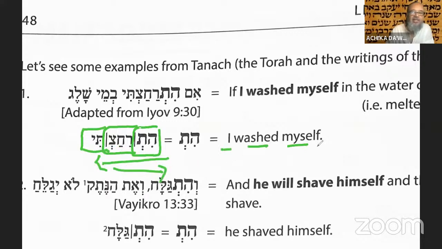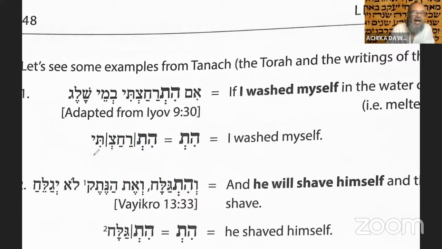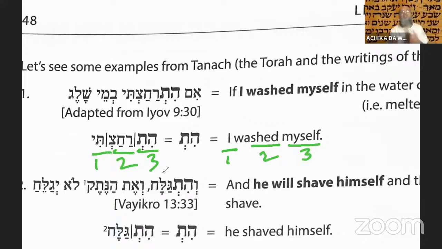I wash myself. Watch this. I washed myself. See that? 1, 1, 2, 2, 3, 3. This is one of the easiest translations that you will ever have. It's so simple.